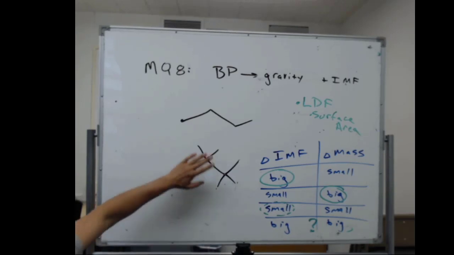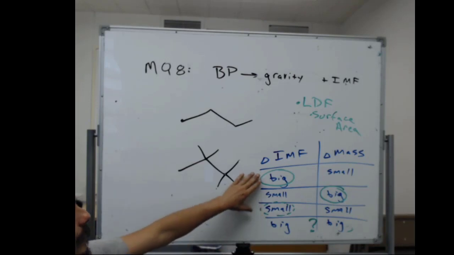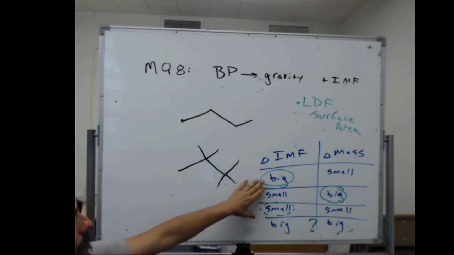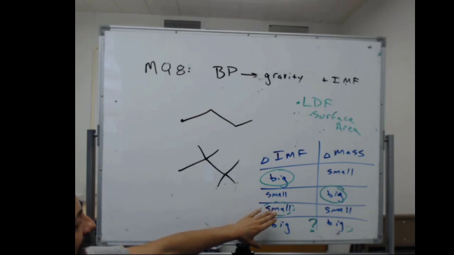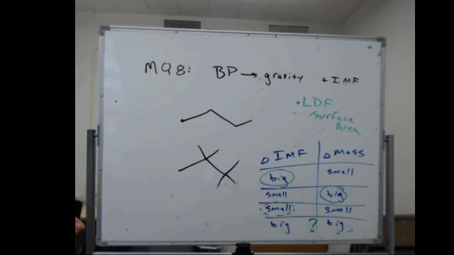So this also ties into the rest of our thinking in Mastery Question 8. I did do a little bit of recording of this earlier in office hours, where we really want to slow down and think. In the first examples, the differences in IMFs are kind of not there very much because they have the same functional groups.